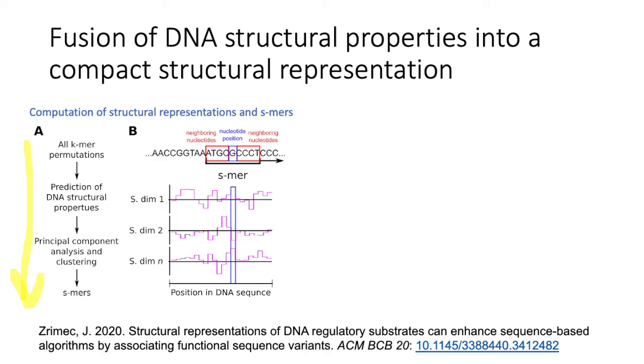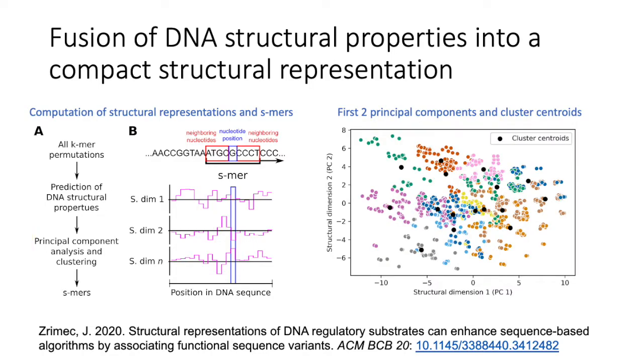We further compacted this data with clustering to a different amount of clusters ranging from 4 to 256 clusters. The figure on the right shows the first two principal components with k-mer size 5 and 16 cluster centroids. So this way, k-mers were structurally encoded into what we called S-mers.